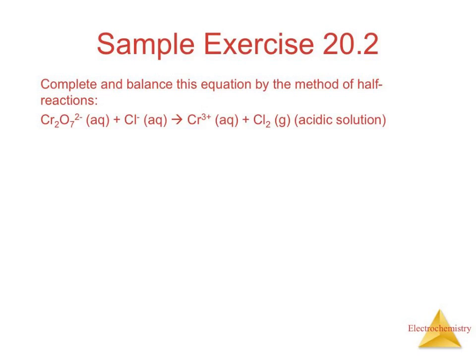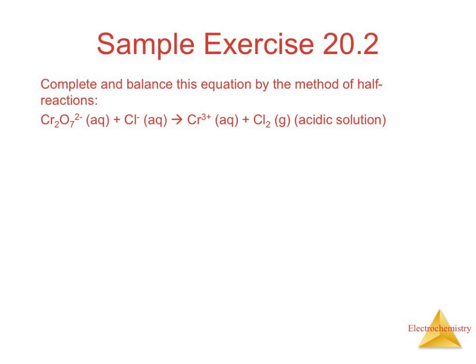So we've got this equation here, Cr2O7 2- and Cl-, and Cr3+ and Cl2. It doesn't really matter all that much that you identify which one is being oxidized, which one's being reduced here. You'll figure it out once you start the half reactions. But what you have to identify is what your two half reactions are.